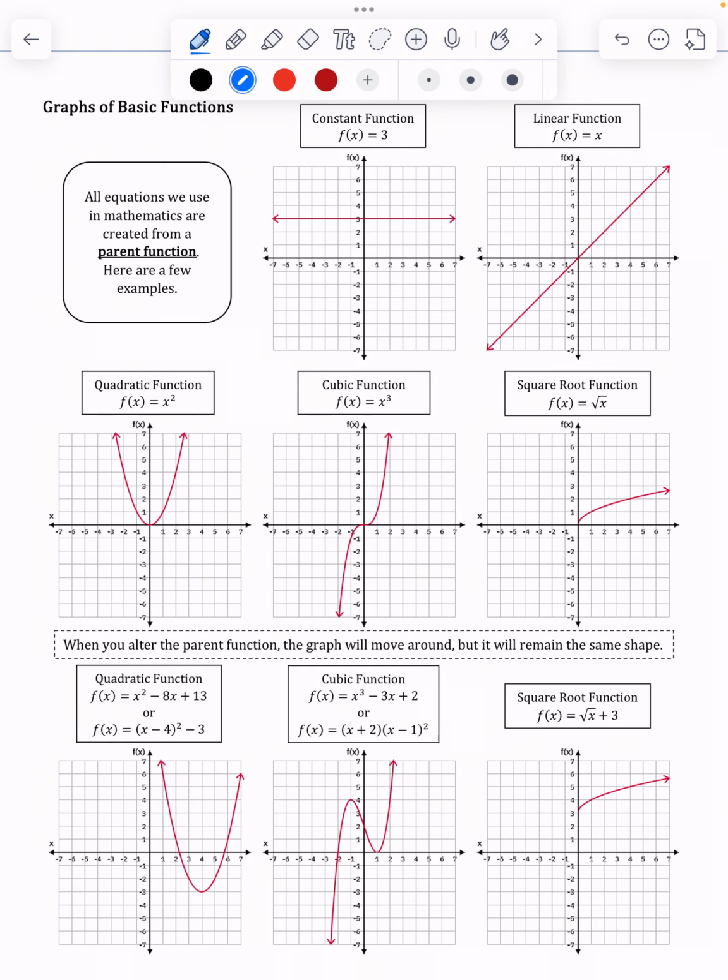This is a really nice piece of paper that I suggest you perhaps consider printing out or just having ready for studying purposes. These encompass the parent functions of the graphs that we will most often be referencing in this class.